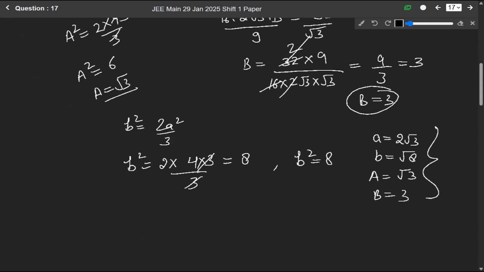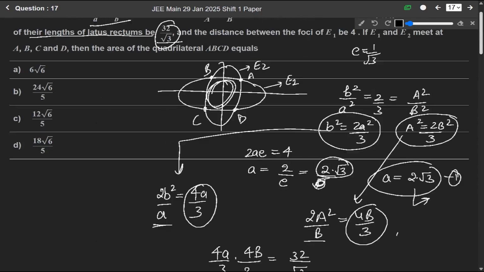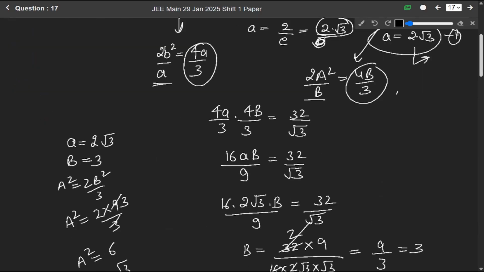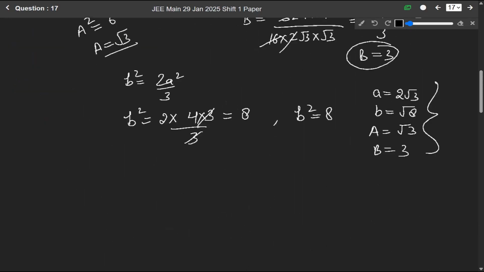Okay. Now, E1 is given as x square over a square plus y square over b square equals 1. And similarly, x square over capital A square plus y square over capital B square equals 1 for E2. So from here we can write E1 as x square over 12 plus y square over 8 equals 1.